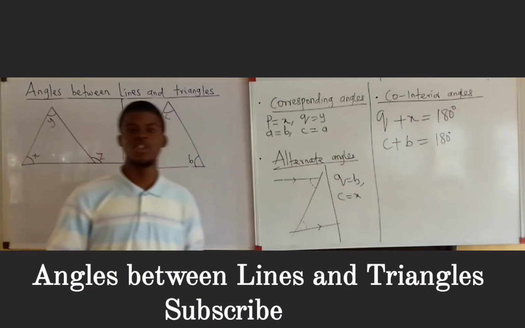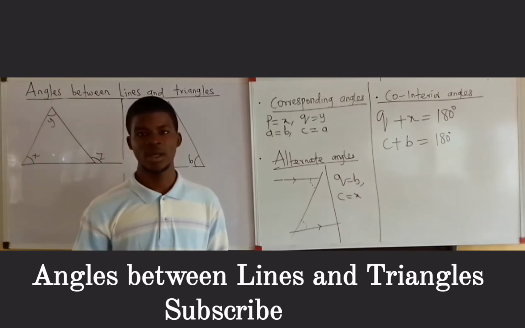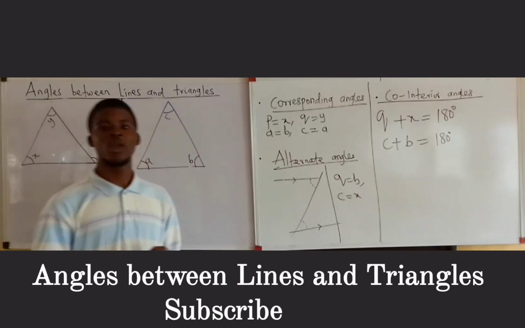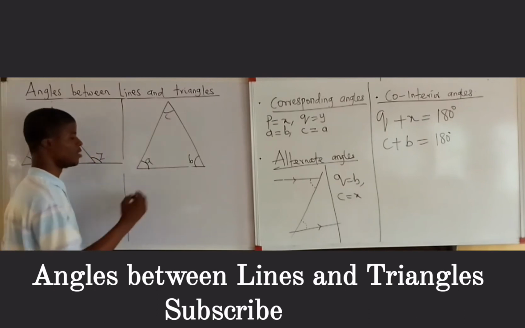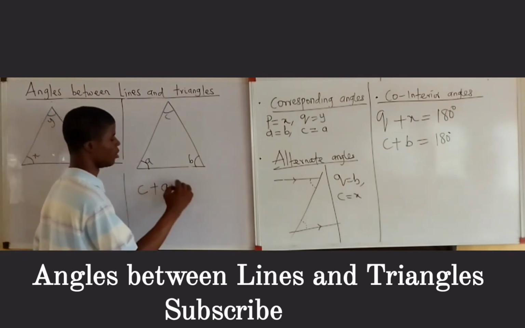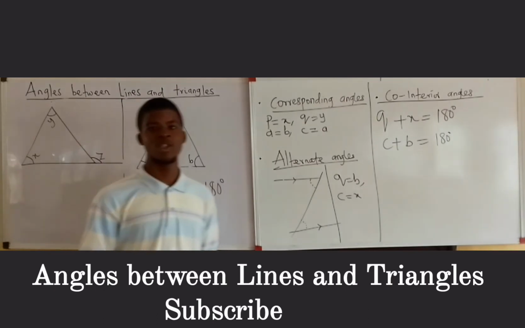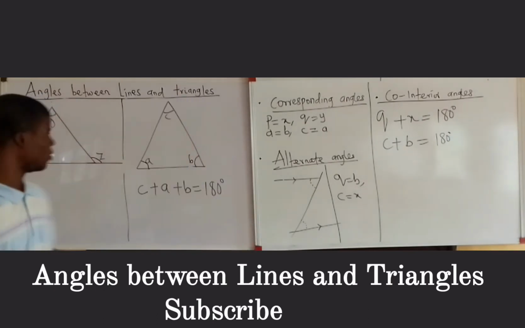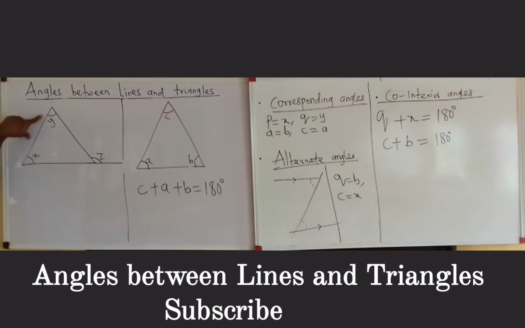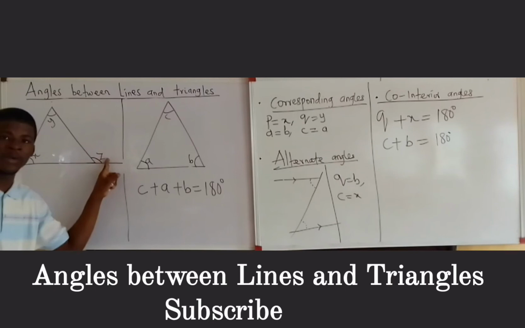The sum of angles in a triangle is equal to 180 degrees. So it therefore means that C plus A plus B will give us what? 180 degrees. That is what the rule is talking about. Now, I have another triangle here. I have two interior angles and one exterior angle.